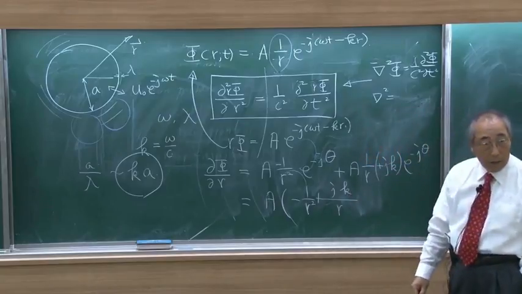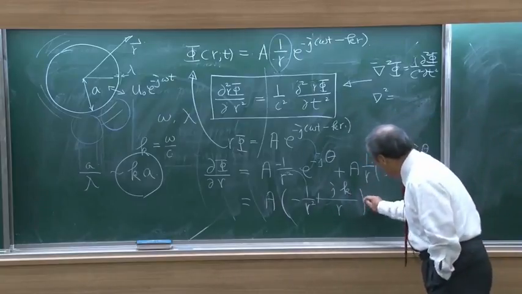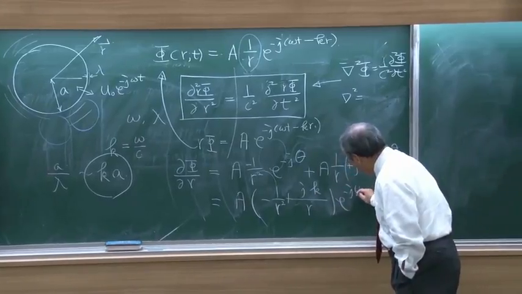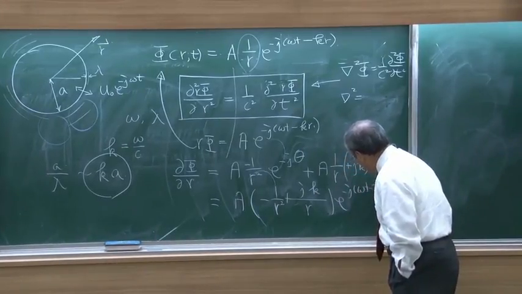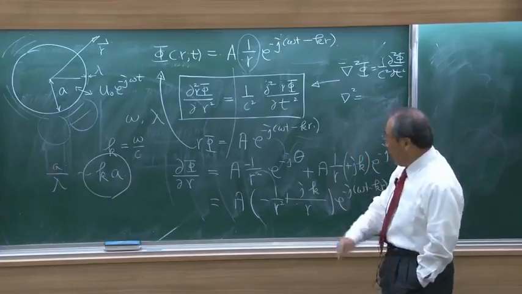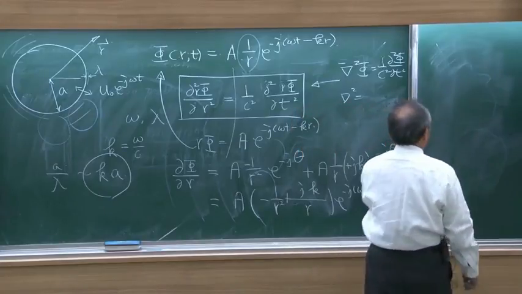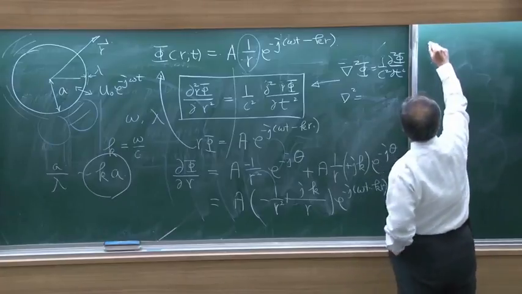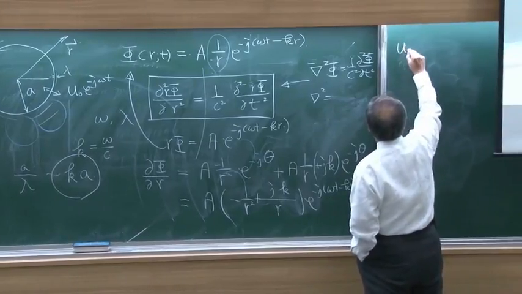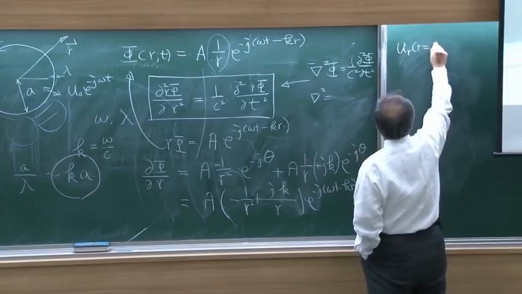Is it correct? Okay, and then I have exponential minus j omega t minus kr. That is the velocity. Then what would be the velocity at r equals a?